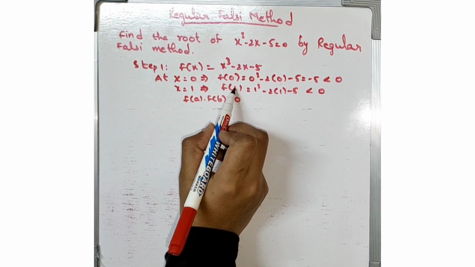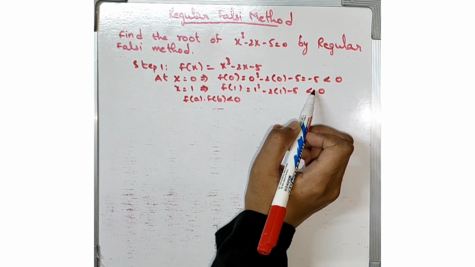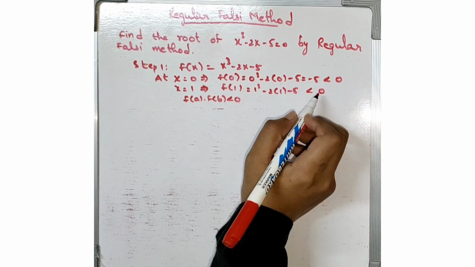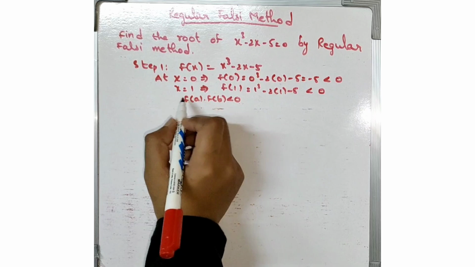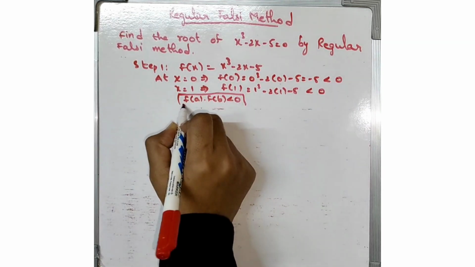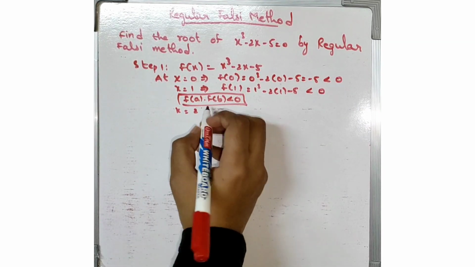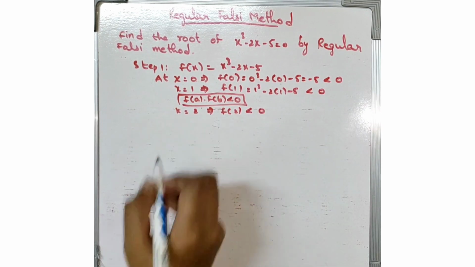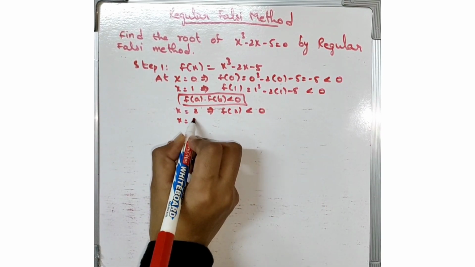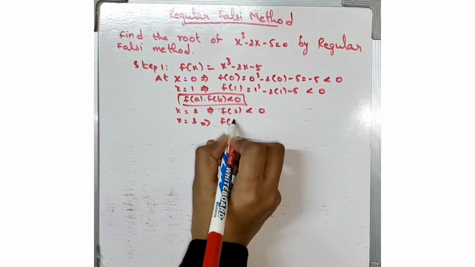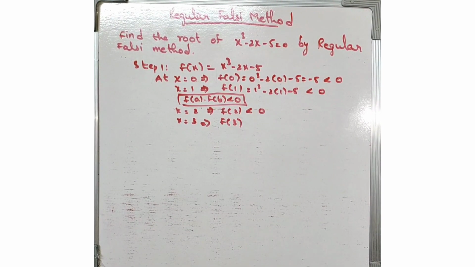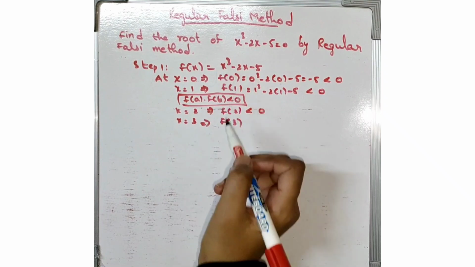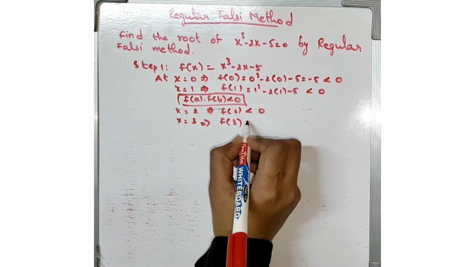Suppose f(0) times f(1): negative times negative is negative or positive? Positive. This condition is not satisfied. Now go for x = 2. Again f(2) is less than 0. So x = 3. Substitute 3 in this equation, and you will get a value greater than 0.